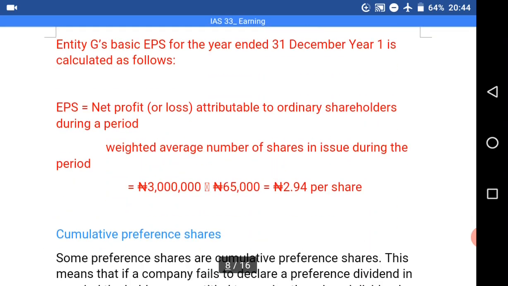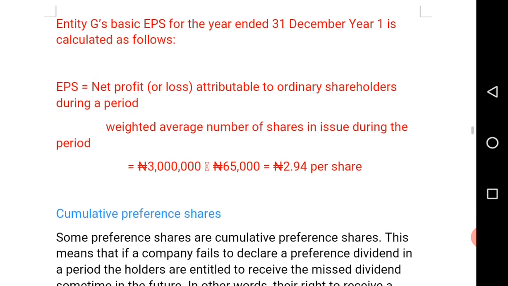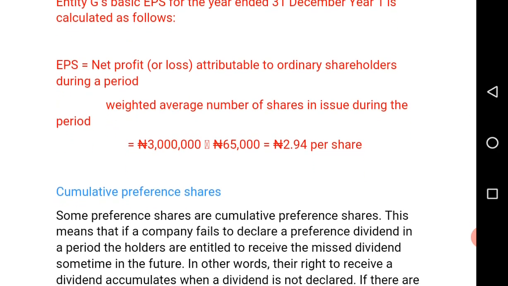Yes, 2,935,000. So we'll do 2,935,000 naira divided by 1 million ordinary shares. So we have 2.935, but here it was approximated to 2.94 naira per share. For each share, the ordinary equity shareholder gets 2.935 as his gain or his profit from investing in the company.